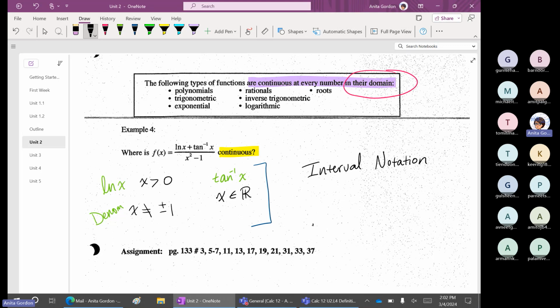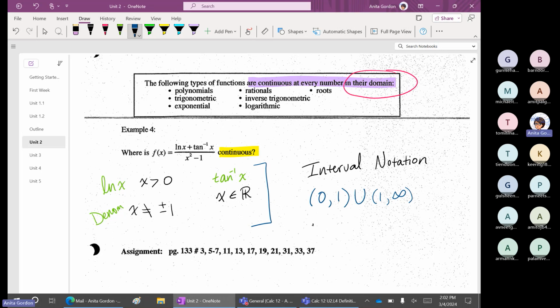So you write 0, comma, 1, then 1, infinity. There you go.